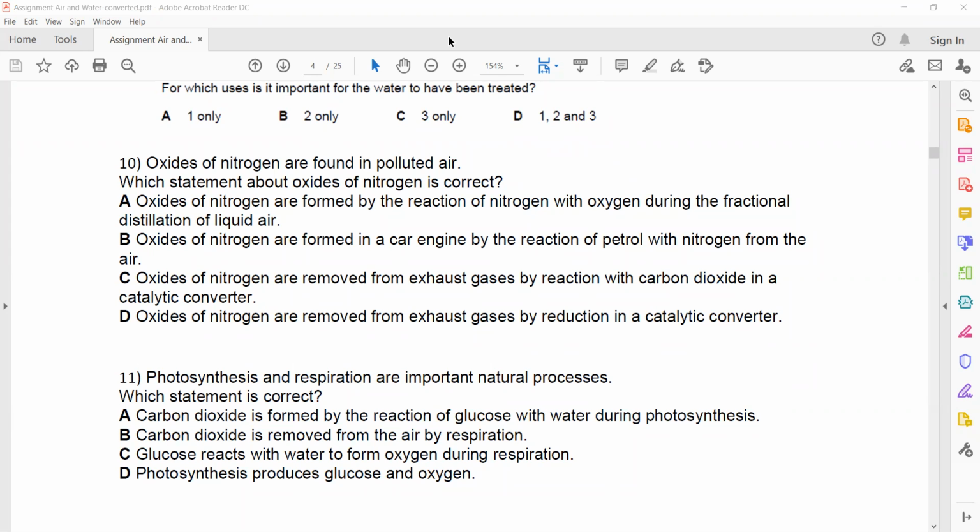By reduction catalyst, because from nitrogen oxide we remove oxygen by the reduction catalyst.